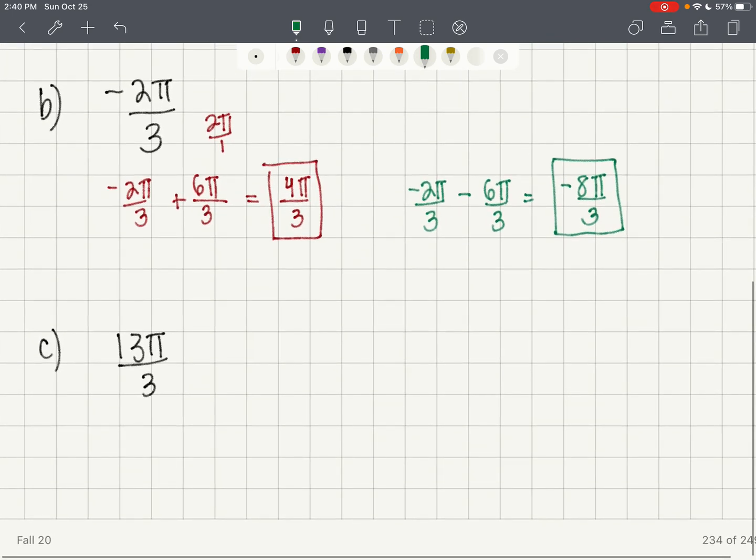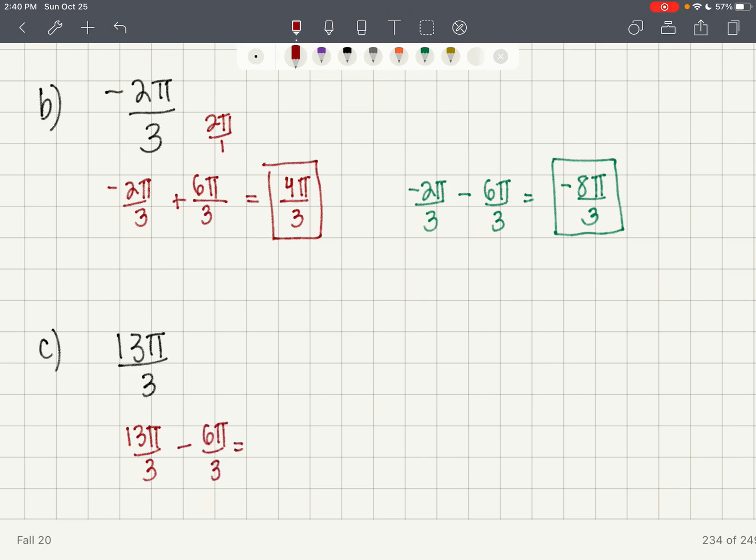Okay, you go ahead and try this next one, and I will come back with an answer. Okay, for a positive coterminal angle, rather than adding 6 pi over 3 to get 19 pi over 3, which would be a correct answer, I'm going to subtract 2 pi.